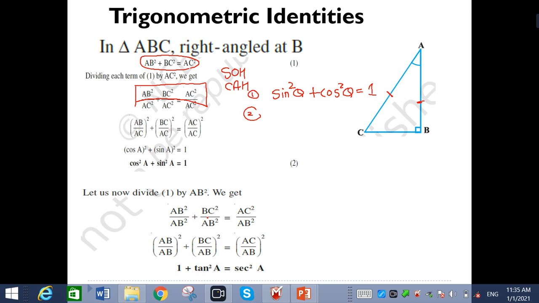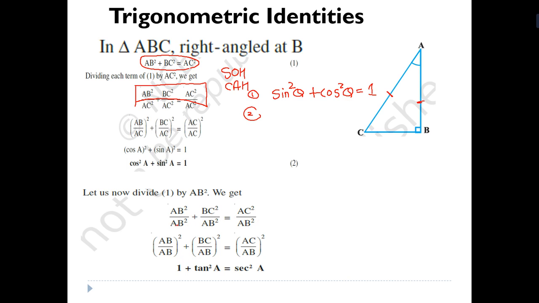Here it is 1, here BC upon AB, which is related to tan, TOA.